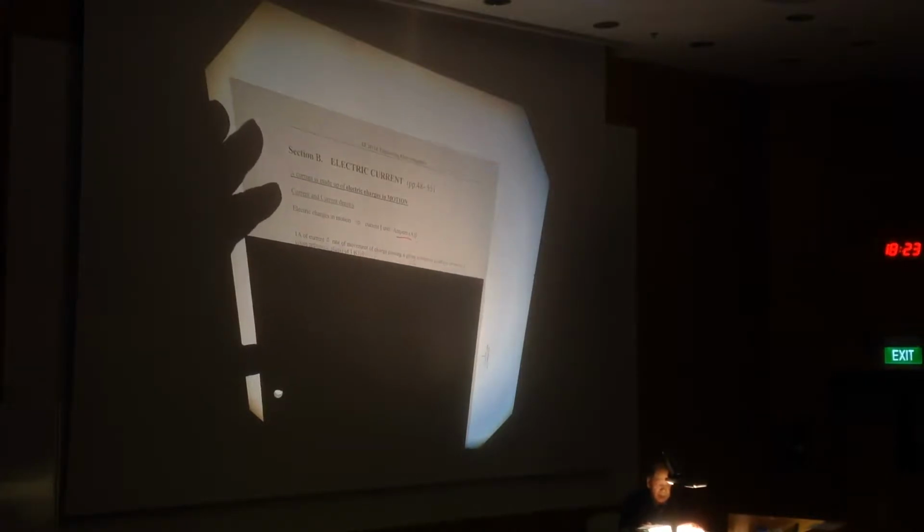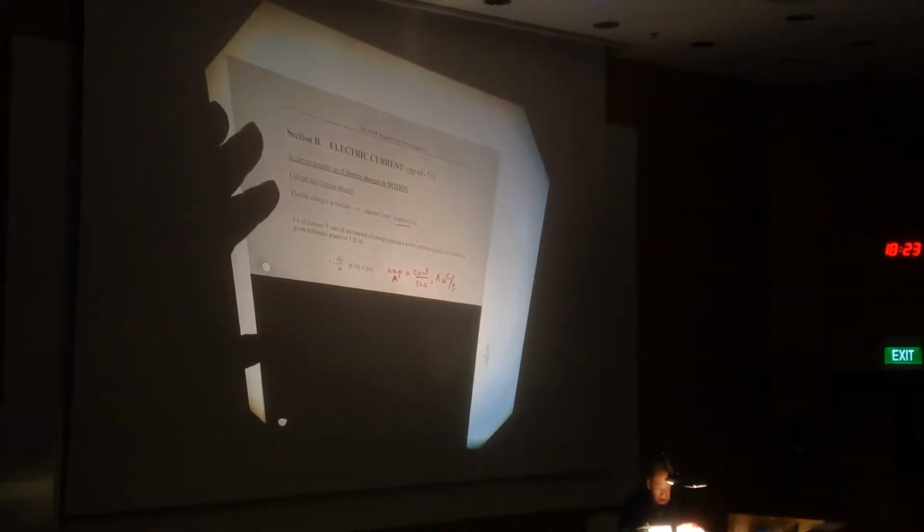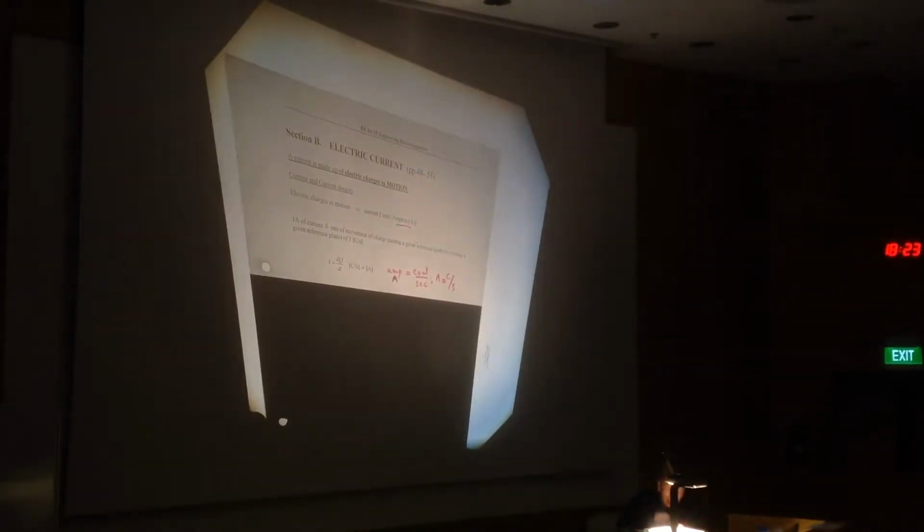So at the moment we are looking in general at some concepts. Current is charge per second; coulomb per second is ampere. Ampere is coulomb per second. In circuit theory especially, we are looking at the macroscopic view.